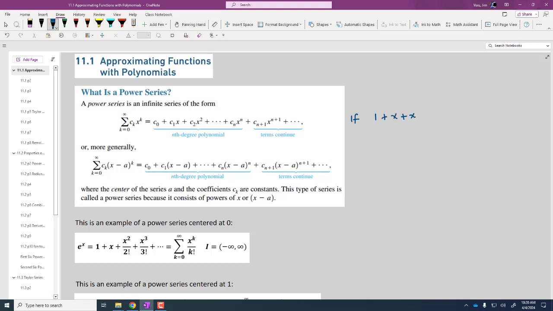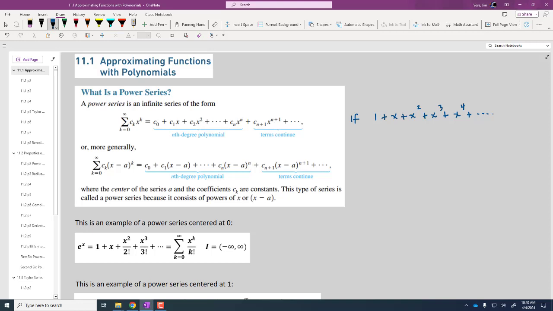Okay. So let's just suppose all the constants were 1. We would have this. And what kind of series is that? Geometric, because we are doing constant multiplication by x. So that is geometric.